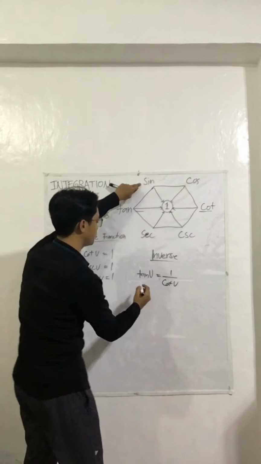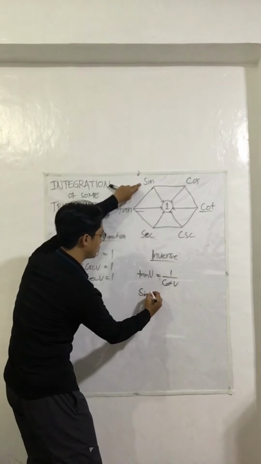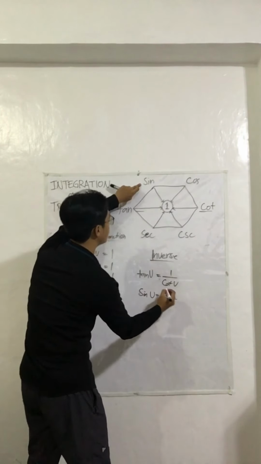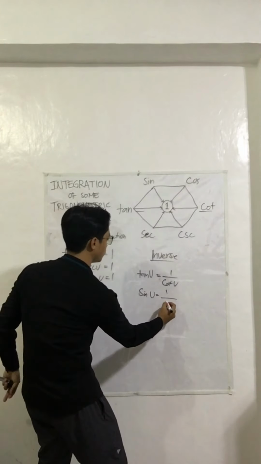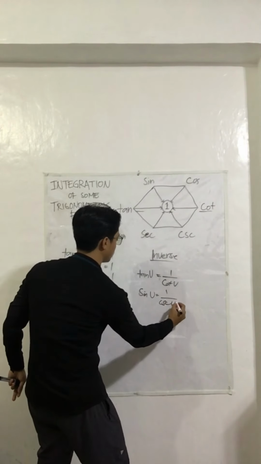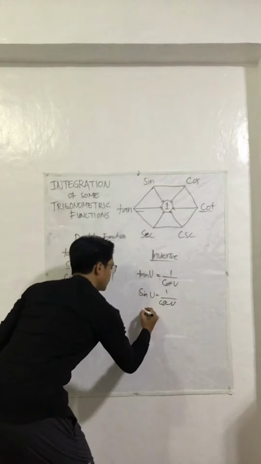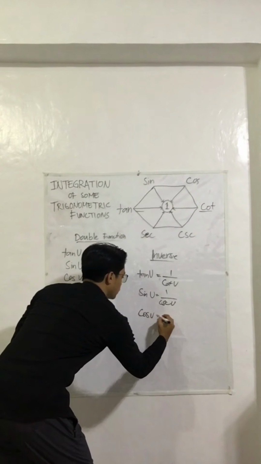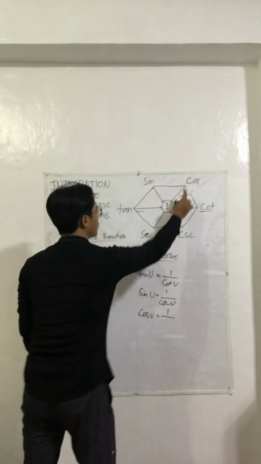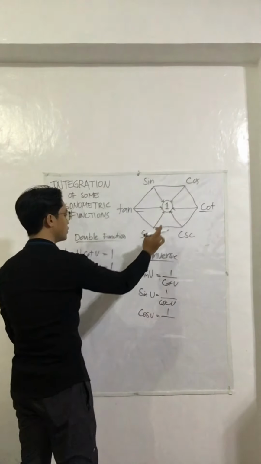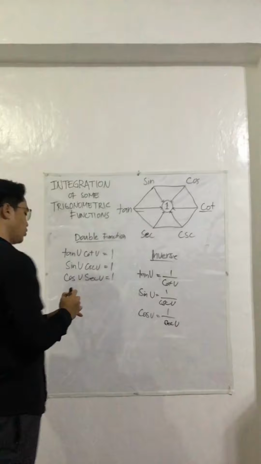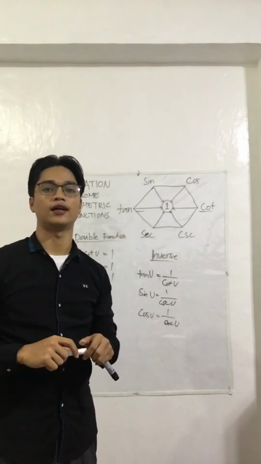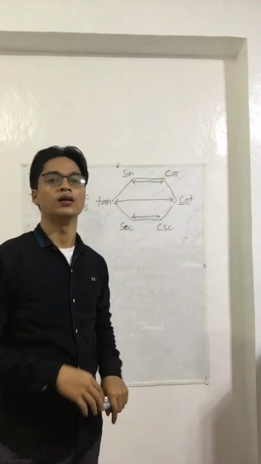At si sine naman, si sine u is equal to 1 over cosecant u. At si cosine din naman, cosine u is equal to 1 over secant u. So yun lang yung para sa second application ni superhex.